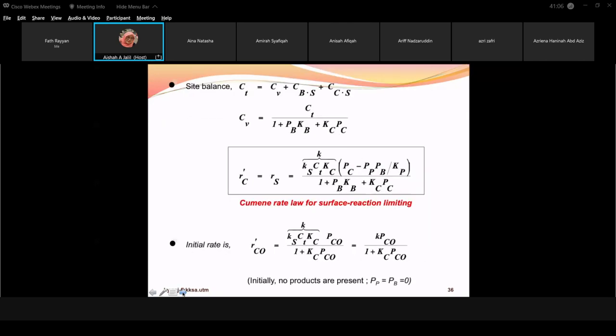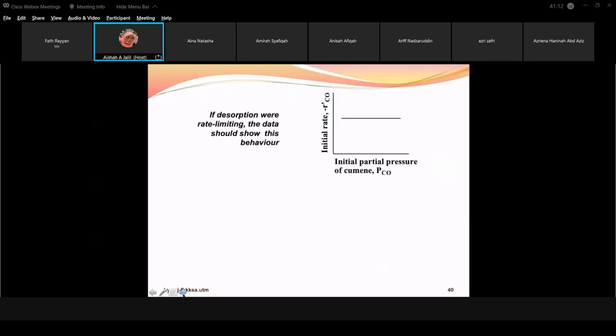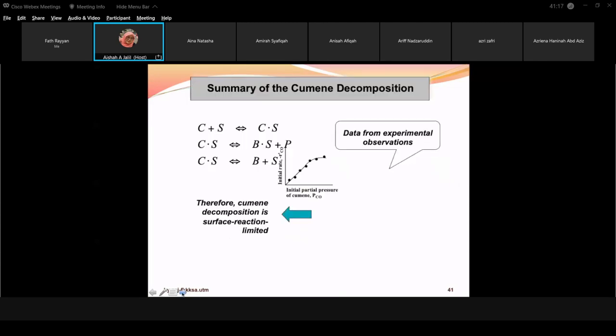This is for the surface reaction step, and then this is for the desorption step. And then the data of the reaction is like this. So which one is the rate limiting step?